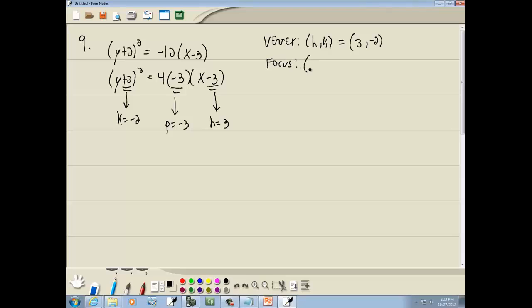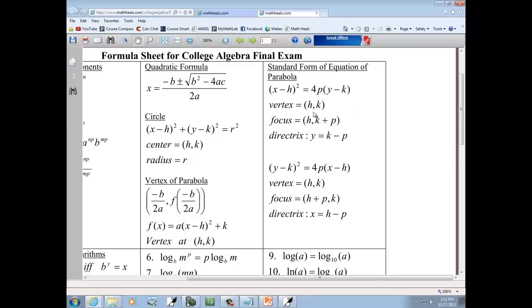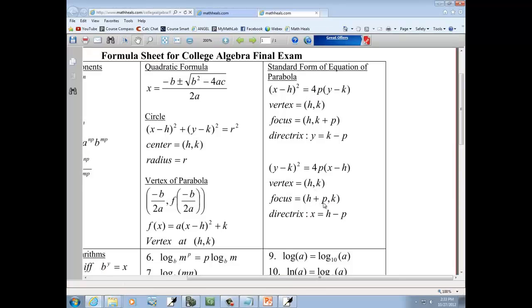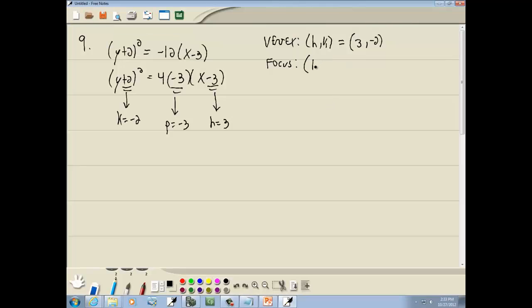Our focus, I have no clue. It's one that's squared on the y. Squared on the y is the bottom one. So focus is h plus p, k. So h is 3, p is -3, k is -2, so I got 0, -2.